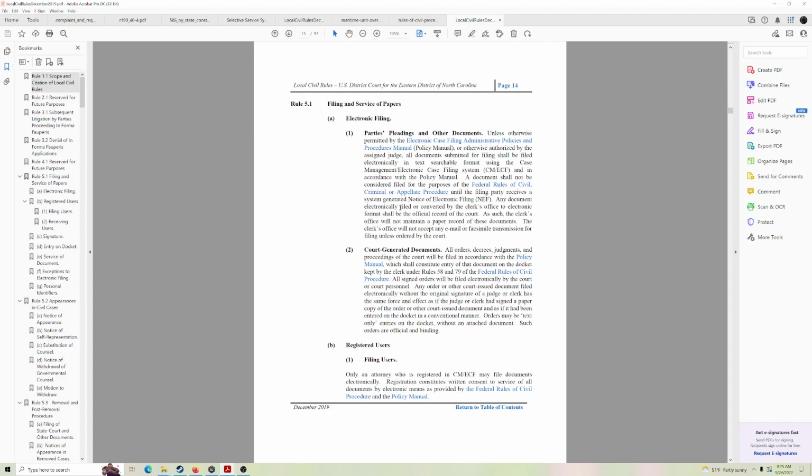Any document electronically filed or converted by the clerk's office to electronic format shall be the official record of the court. As such, the clerk's office will not maintain a paper record of these documents. The clerk's office will not accept any email or facsimile transmission for filing unless ordered by the court. Rule 5.1 A2.